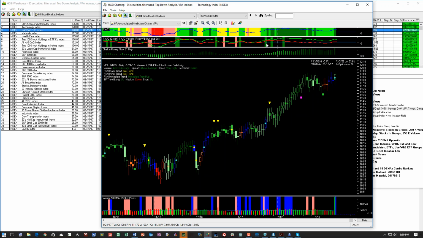These green bars right here I put in when the accumulation and the velocity are both going up. It's going to generate a green line, and you can see with this technology index that this has been under accumulation for quite some time, and it hasn't been offset by a rose line. So strong accumulation in this group.